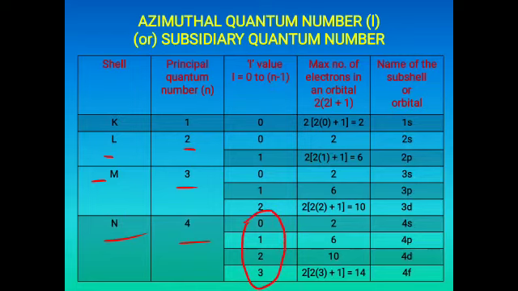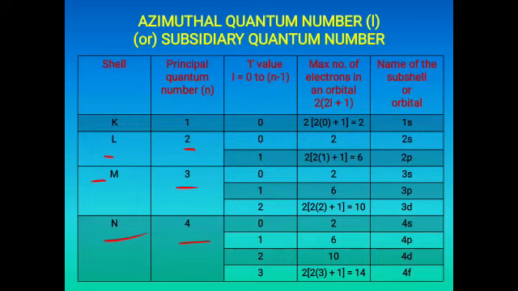As I told you earlier, wherever 0 comes, it represents S subshell. Wherever 1 comes, it represents P subshell. Wherever 2 comes, it represents D subshell. And wherever 3 comes, it represents F subshell. Based on that, I have labeled the different subshells or orbitals.